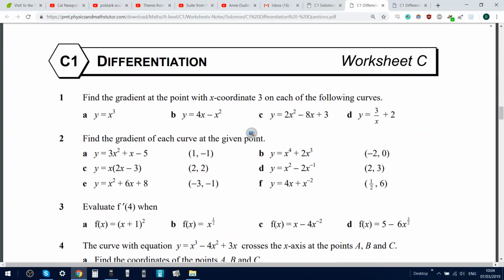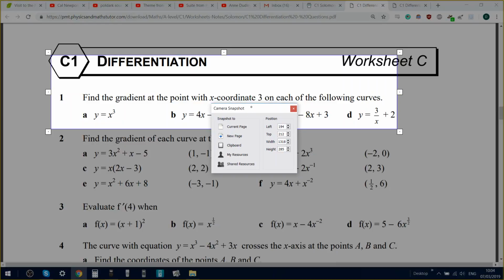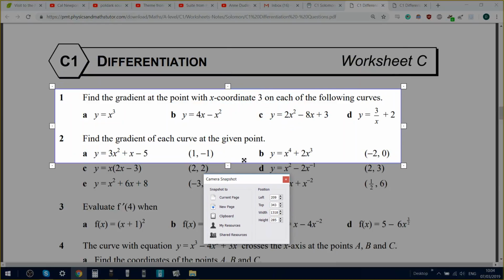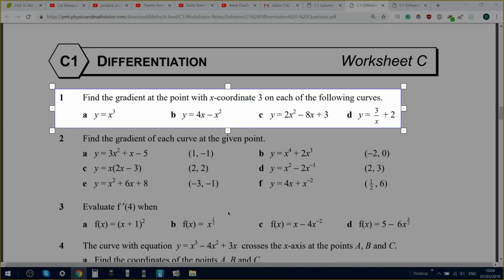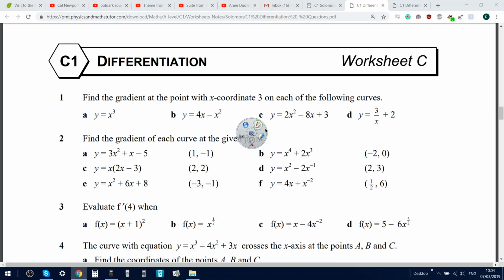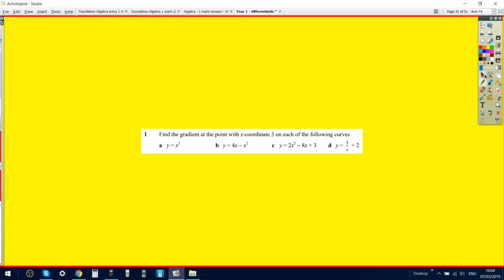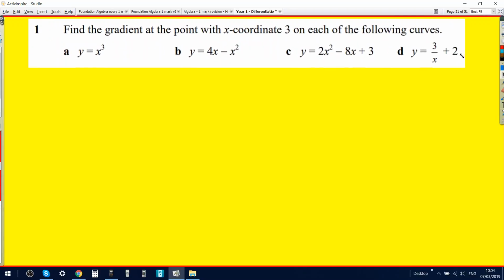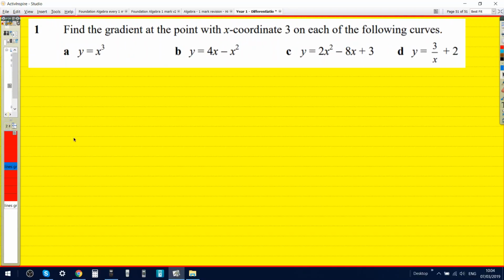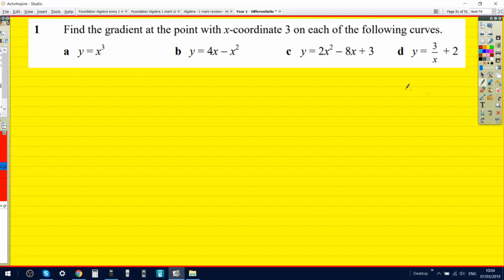How do you do this one, part A? Hang on. That's a bit weird. Let's do part B. Okay. Integrated.